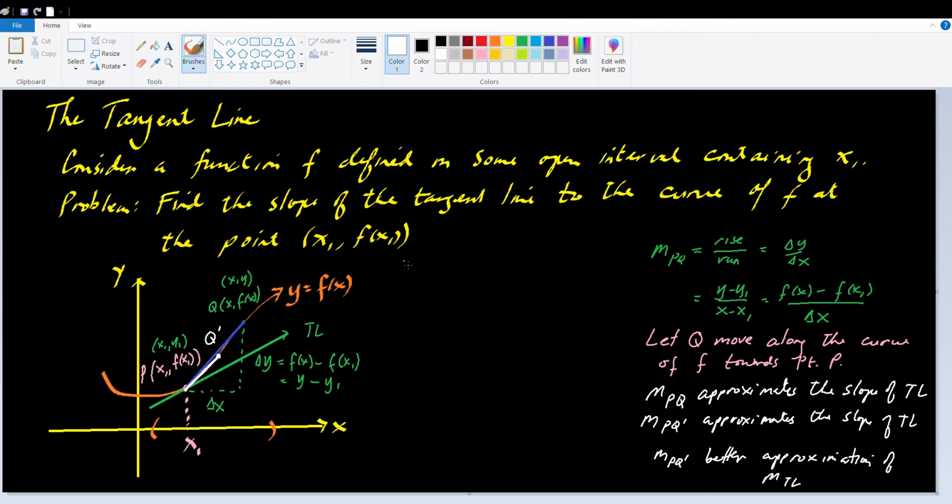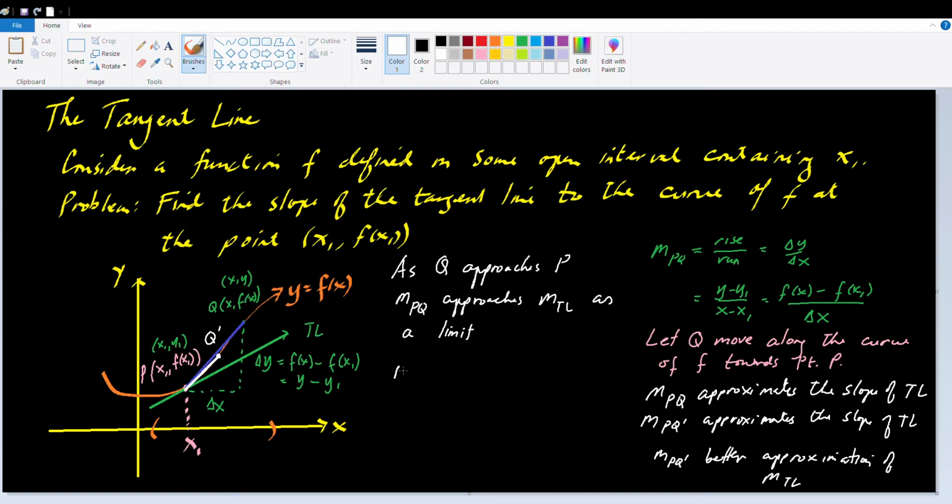So we say that as Q approaches P, the slope of the secant line PQ approaches the slope of the tangent line as a limit.